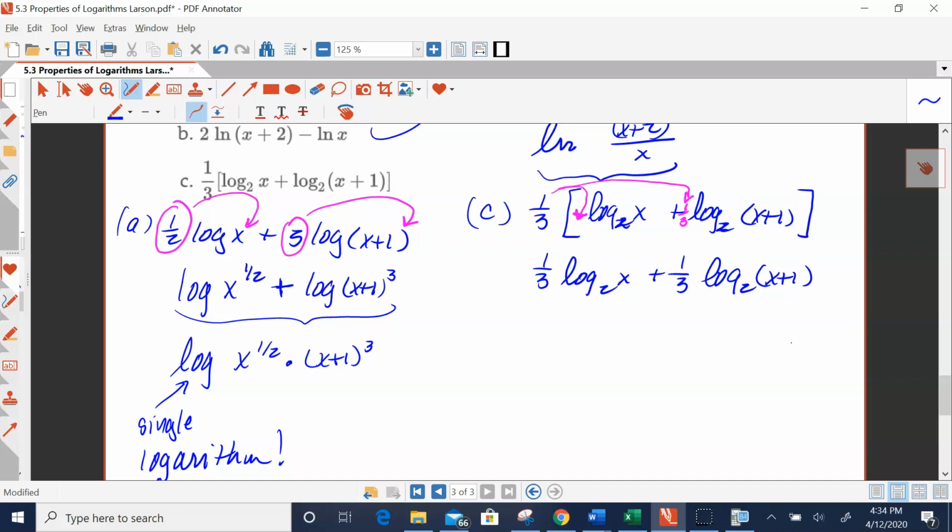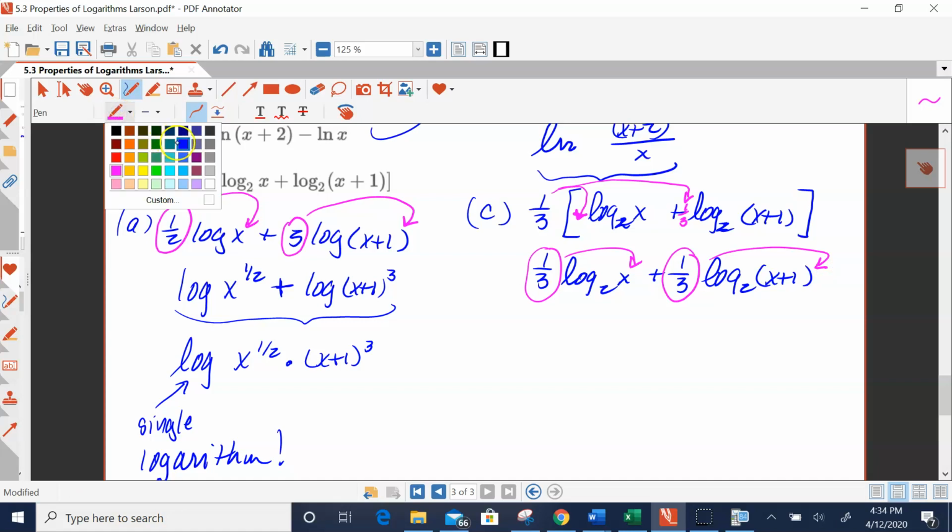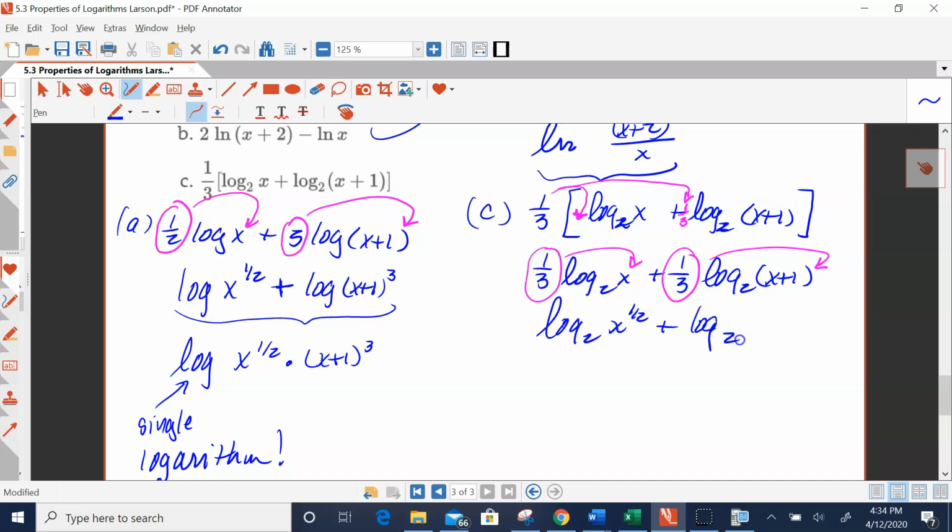Now, since that 1/3 is a coefficient, remember those coefficients get put back up as exponents. So that means I have log base 2 of x to the 1/3 plus log base 2 of x plus 1 to the 1/3.